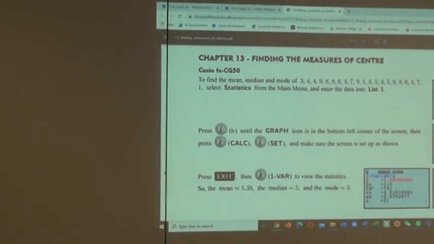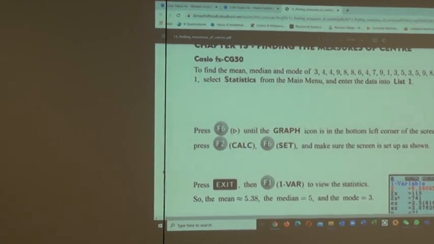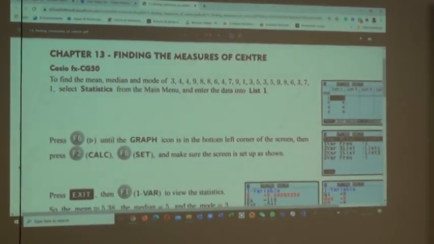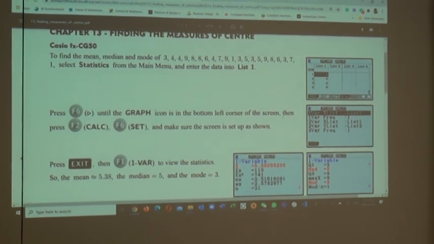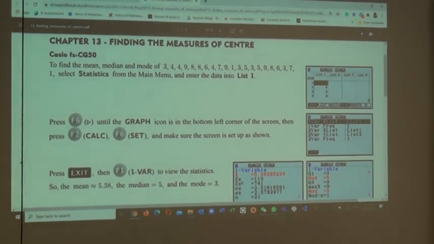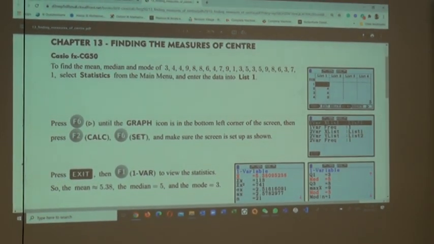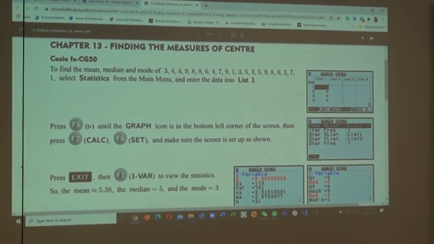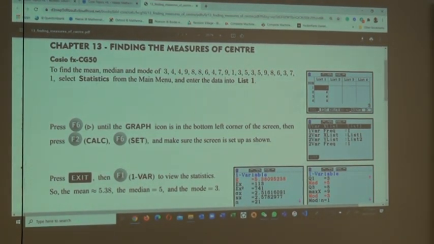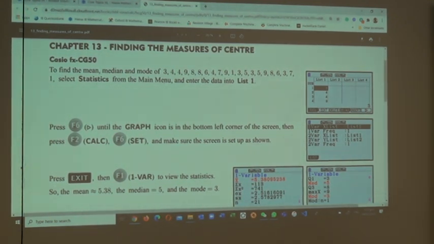Let's try to follow this instruction and get used to this. I sent this picture to you also. To find the mean and median and mode of this data, select statistics, enter the data into list 1, press F6 until the graph icon on the left is in the left, and so on.